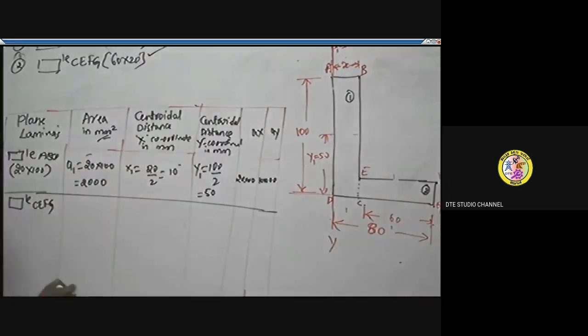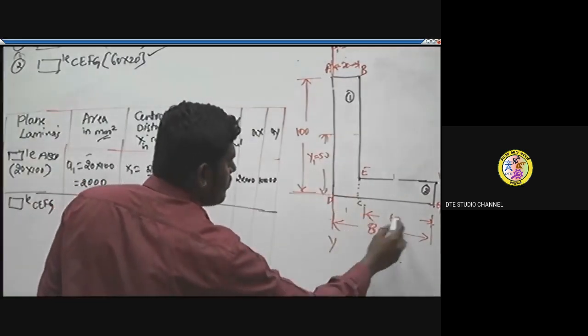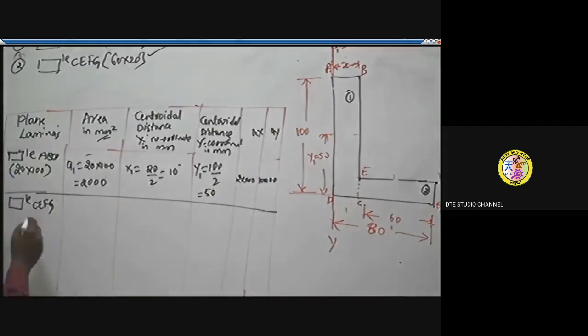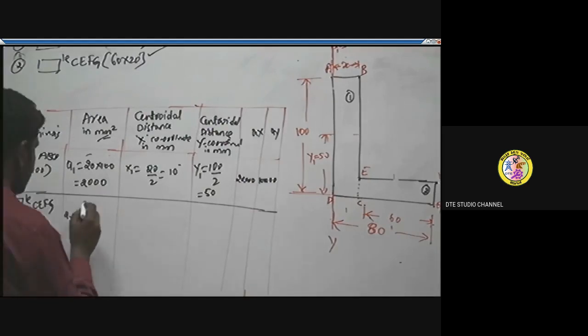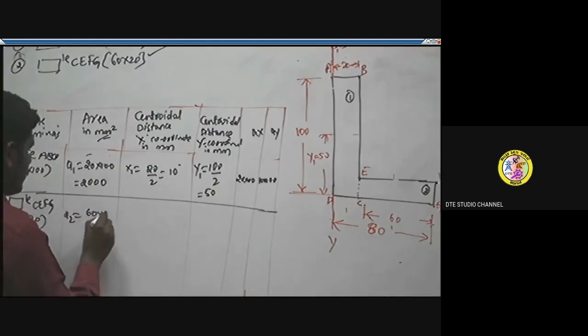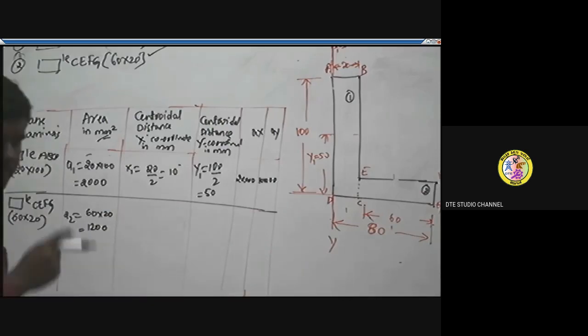After subtracting 20 from this 80, we get 60 into 20. So the area of this second lamina, length into breadth, 60 into 20, is 1200 millimeters square.